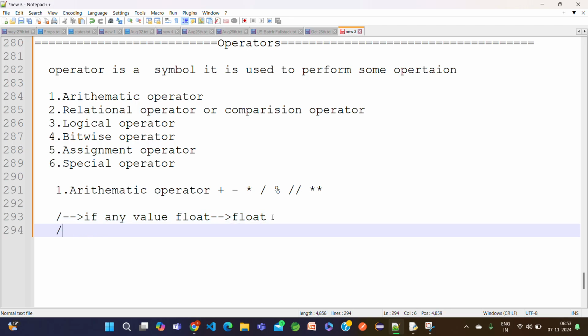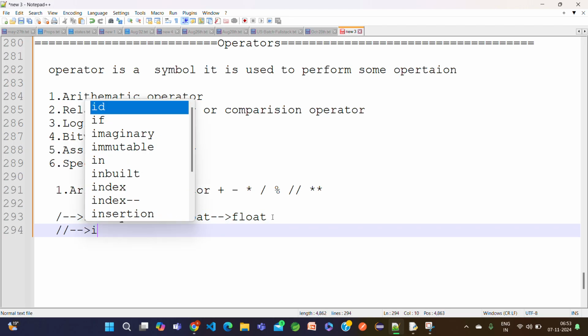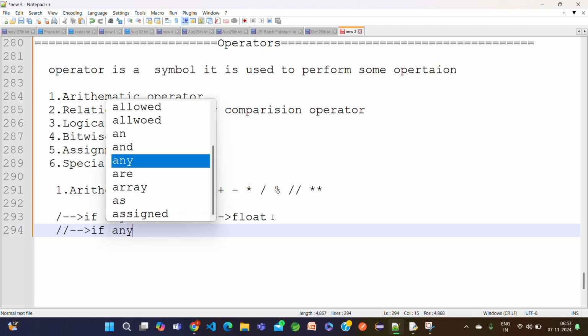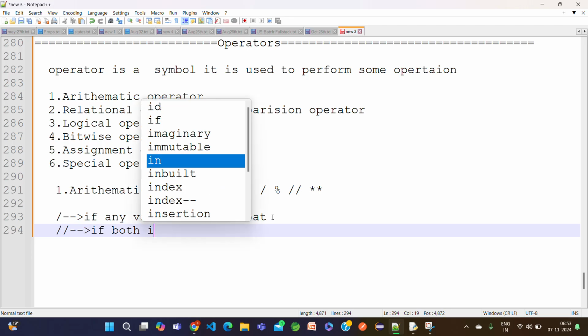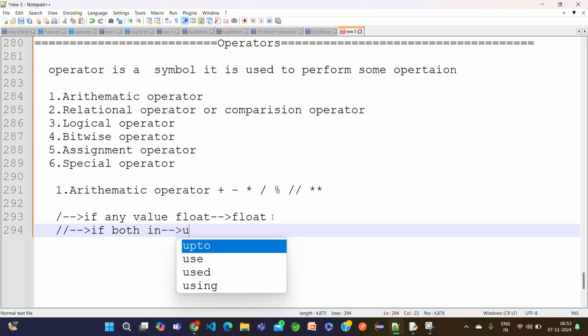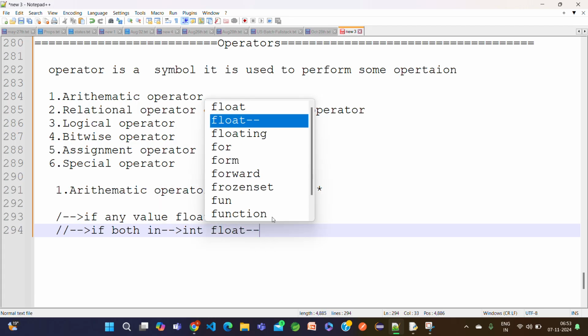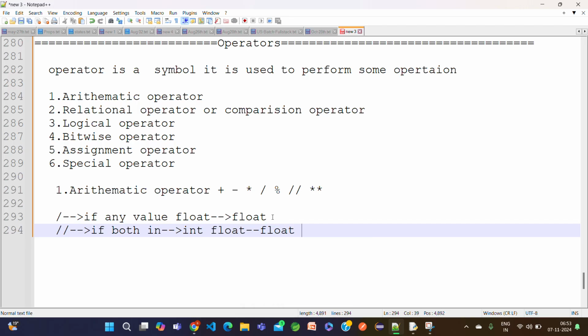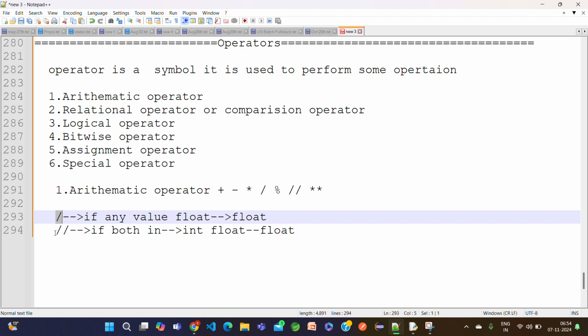For floor division, if both values are int, the output is int only. If any value is a float, then the output is a float only. That is the difference between normal division and floor division.